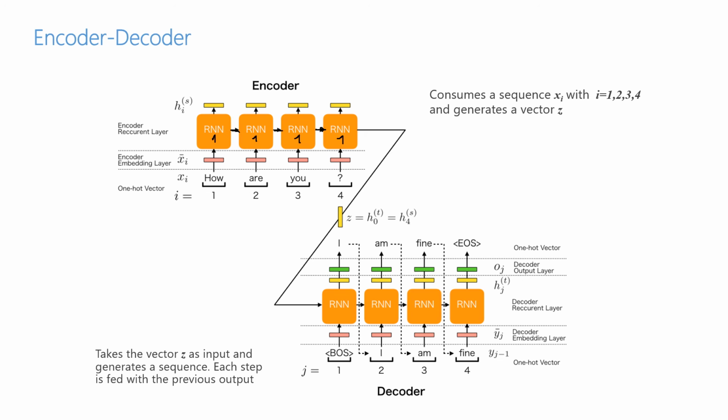We provide 4 input words, and then we produce a state vector, and here we provide the beginning of sentence to RNN2, which is a different network.